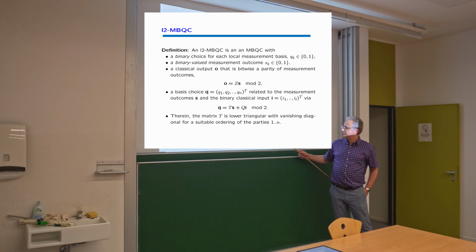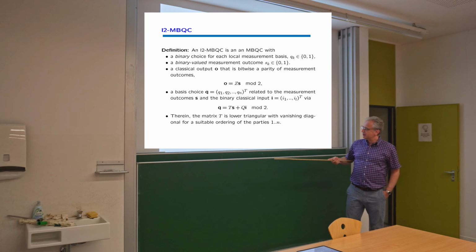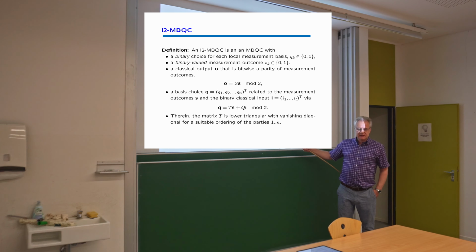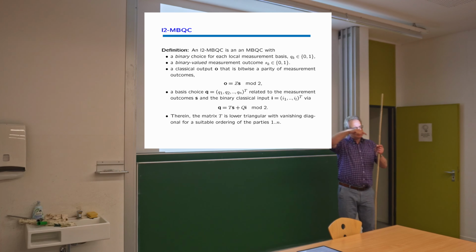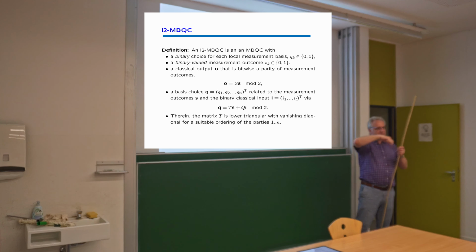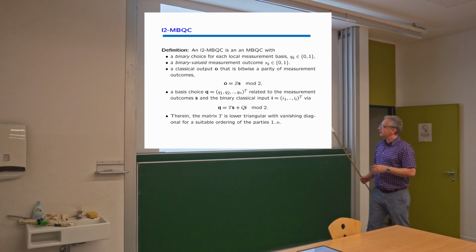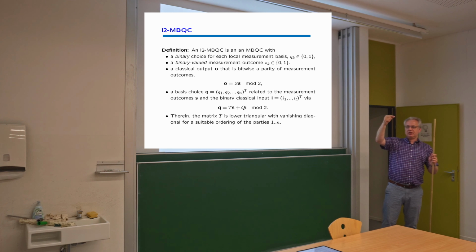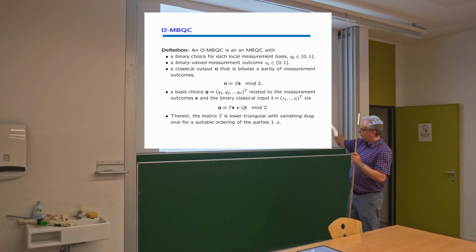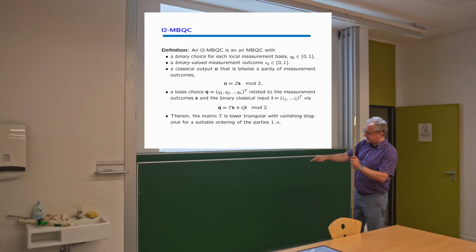This lower triangular property avoids closed time-like curves where A influences B and B influences A. So we are finding a suitable basis where qubits measured earlier have a label higher up and qubits measured later are further down.